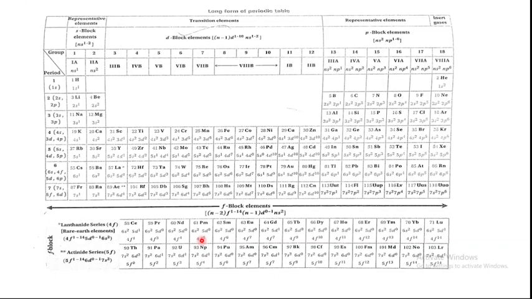As f orbitals are diffused in shape, the screening effect of f orbitals is very low. So the nucleus can attract the f orbital electrons towards it progressively from cerium to lutetium. So a steady decrease in atomic and ionic radii is observed. This decrease is known as lanthanoid contraction. A similar explanation is also applicable for the actinide series. So this is known as actinide contraction.